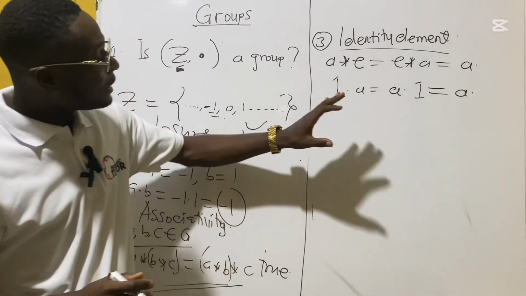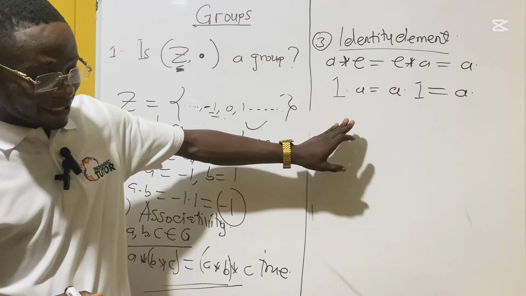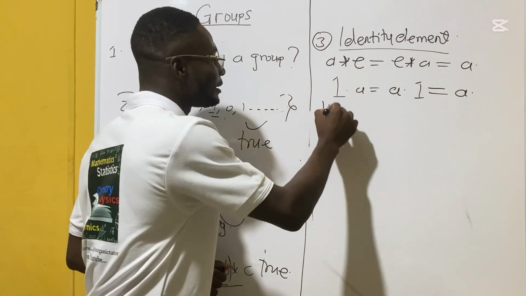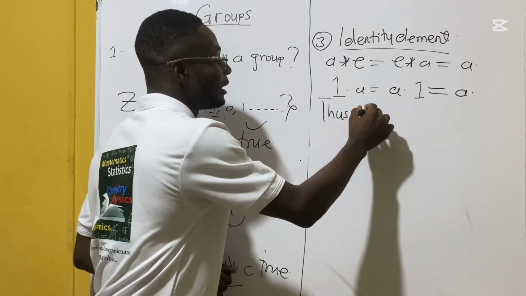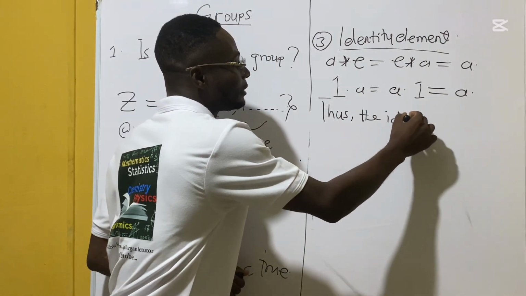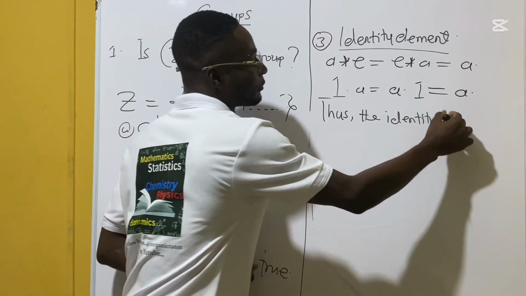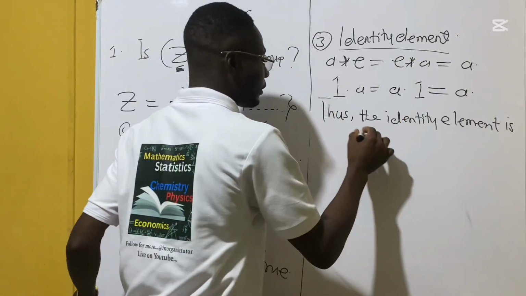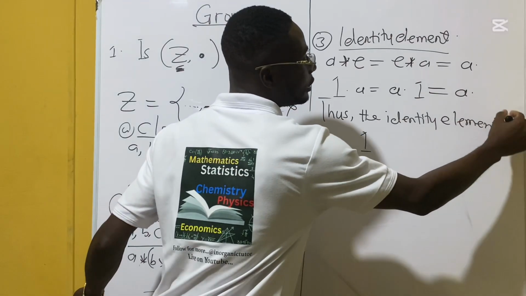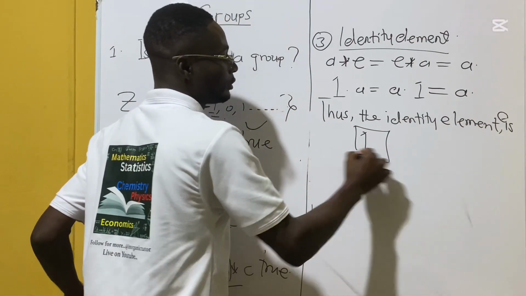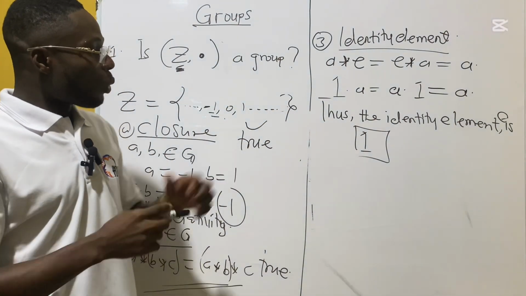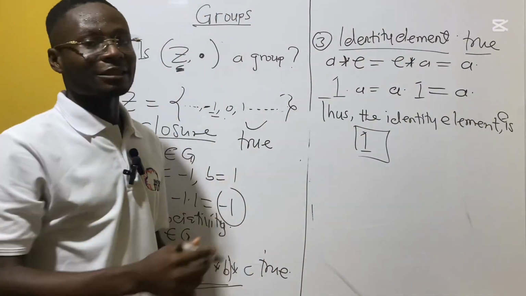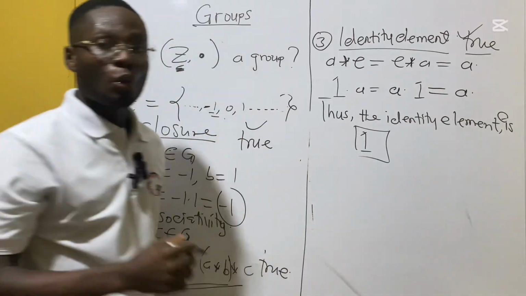That is, the identity element E is 1. Once this property has been satisfied, we check for the last property, which is the inverse.